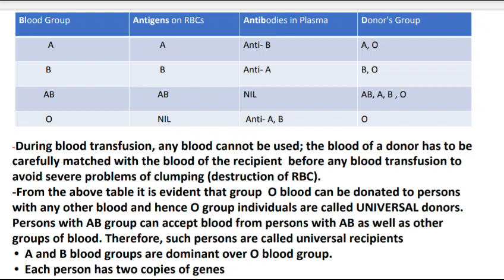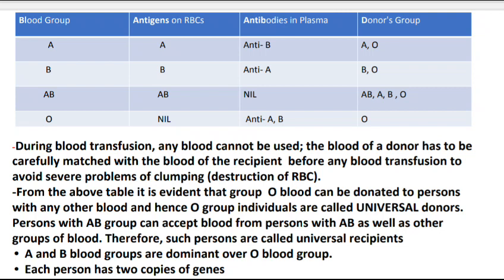From the above table, it is evident that group O blood can be donated to persons with any other blood group, and hence O blood group individuals are called universal donors. Persons with AB group can accept blood from persons with AB as well as other groups of blood. Therefore, such persons are called universal recipients.